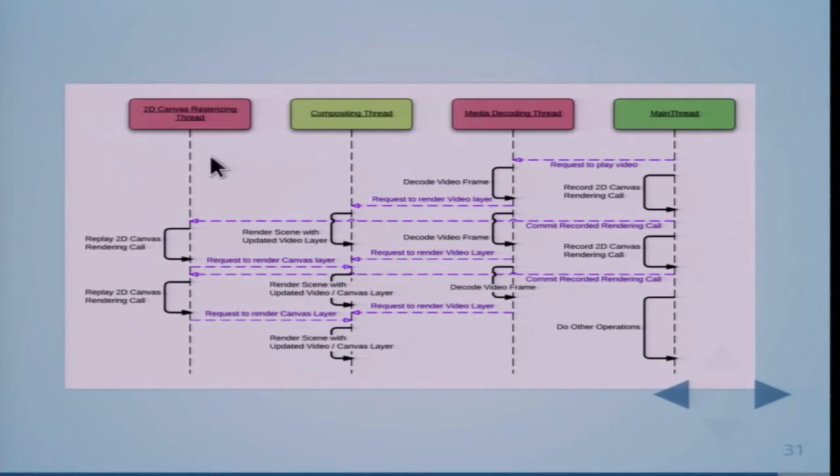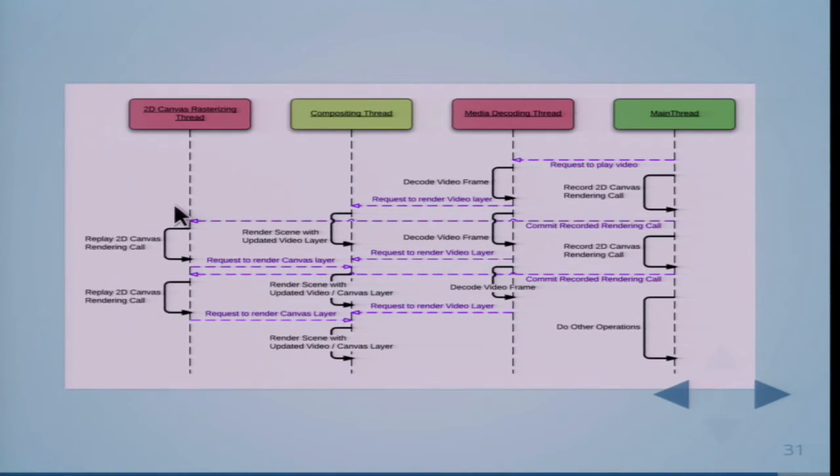The main thread, the decoding thread and the canvas thread will just pass the final frame to the compositing thread, and the compositing thread will render it as soon as it can. If it misses the vsync timing, it will render at the next vsync.